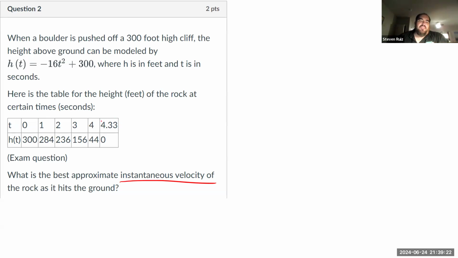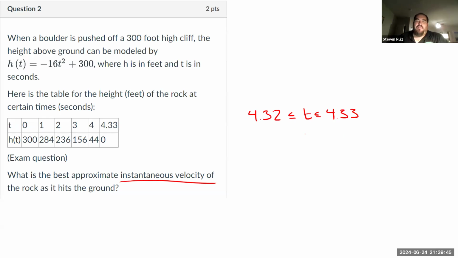If we want to approximate the instantaneous velocity as closely as possible, we want to make that time span as small as we can. I think there's a choice here that makes your time interval a 100th of a second: 4.32 is less than or equal to t, which is less than or equal to 4.33.